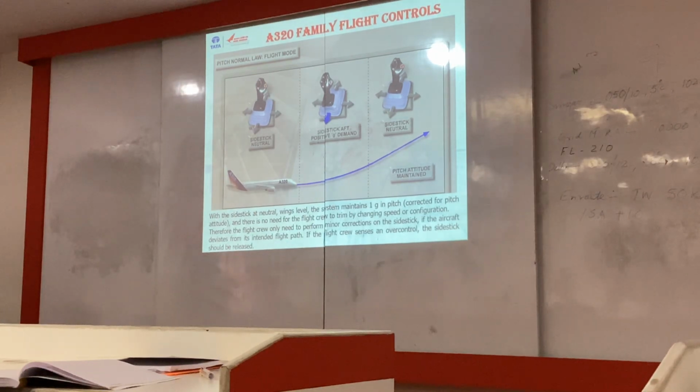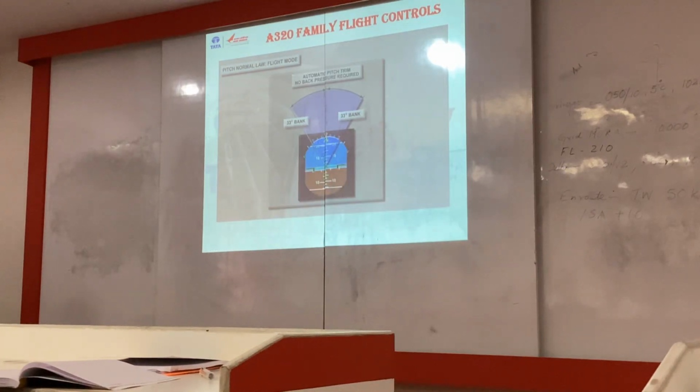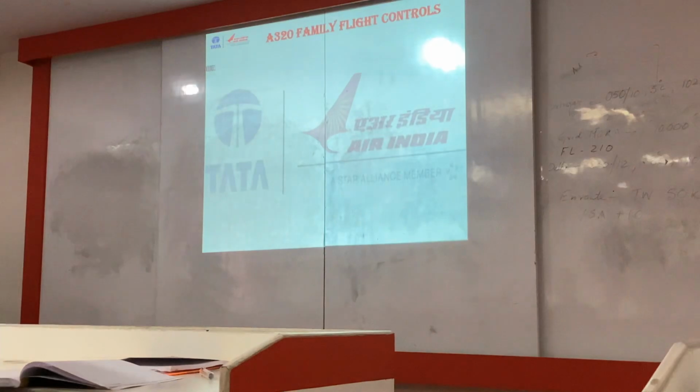If the flight crew senses an over control, the side stick should be released. Though there are certain restrictions, even if you try to put full forward or full backward, with the protection it will restrict you to a certain value. Automatic pitch trim, no back pressure required. So bank 33 degrees.